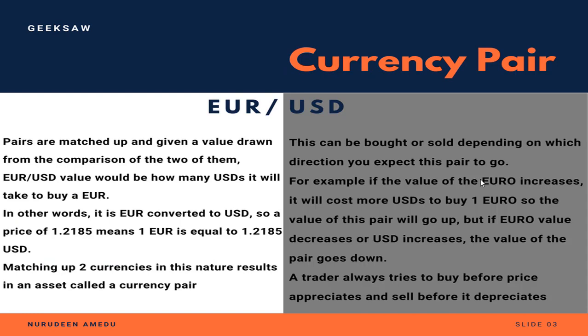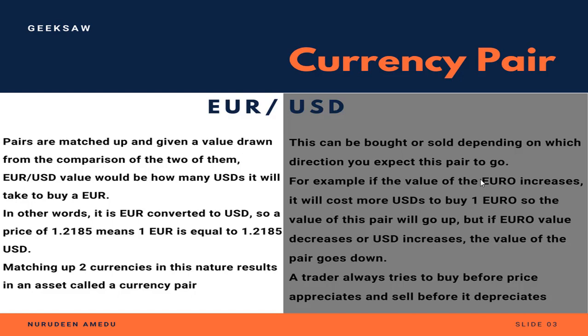Now, a currency pair. I just explained this concept, but I'm going to go over it again. A currency pair, for example, Euro USD. On one side you have the Euro, on the other side you have the USD. Pairs are matched up and given a value drawn from the comparison of the two of them. Euro USD value would be how many USDs it will take to buy a euro.